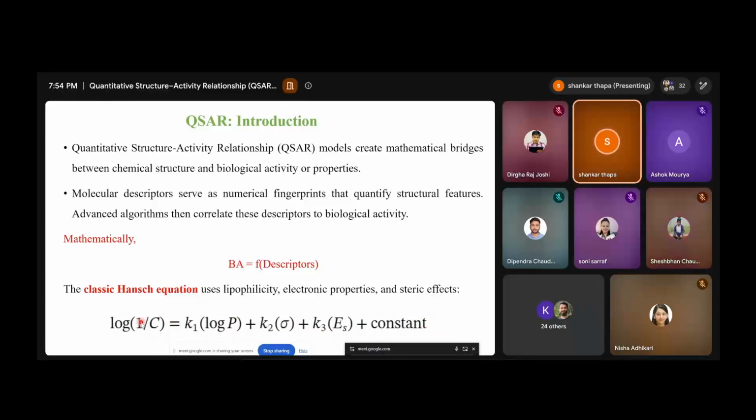That's what it means. So log P value also contributes, and sigma also contributes, and the steric effect also contributes to the biological activity. He derived these equations around the 60s. I think that's all about the basic things about QSAR.